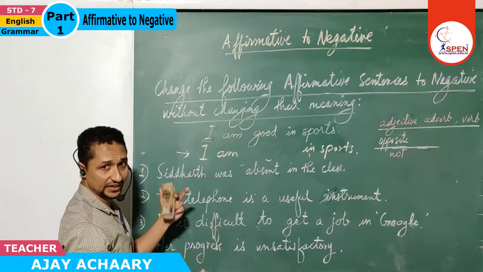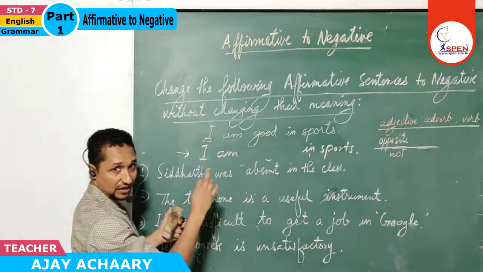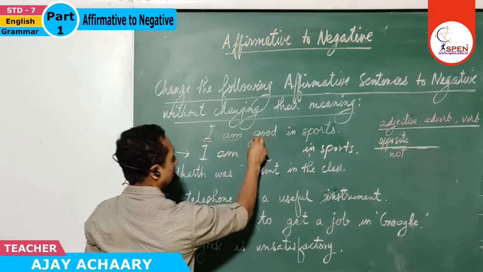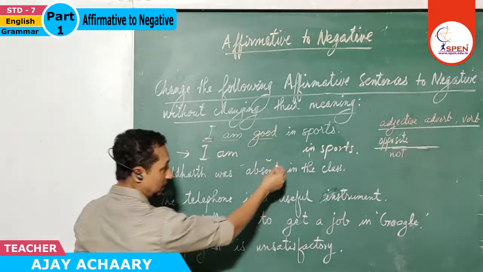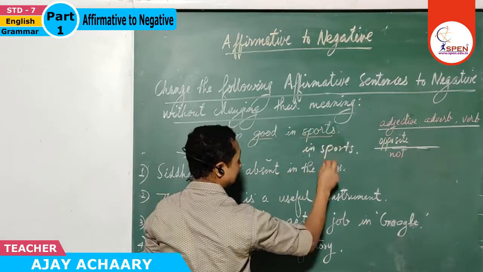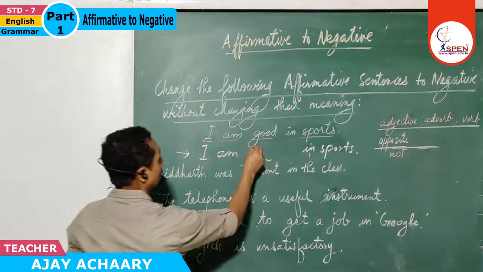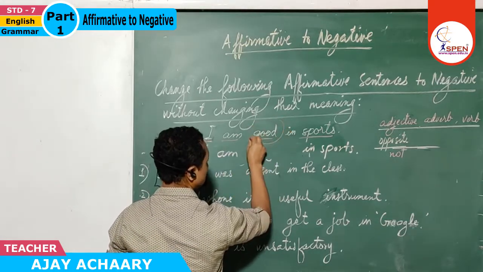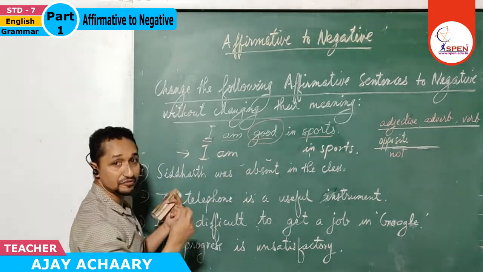We cannot find the opposite of I. Am is a verb. We cannot find the opposite of am. Then look at good. Good, we can find the opposite of good. Then sports is a noun. We cannot find the opposite of sports.